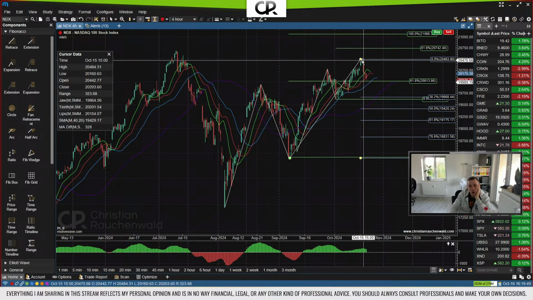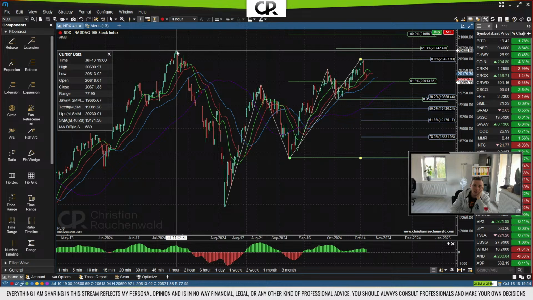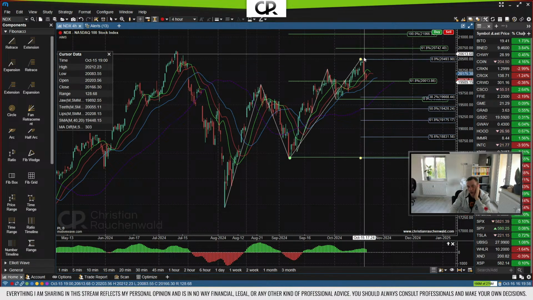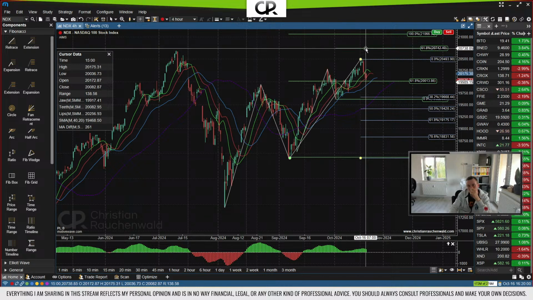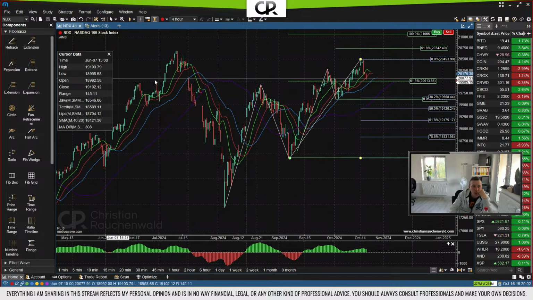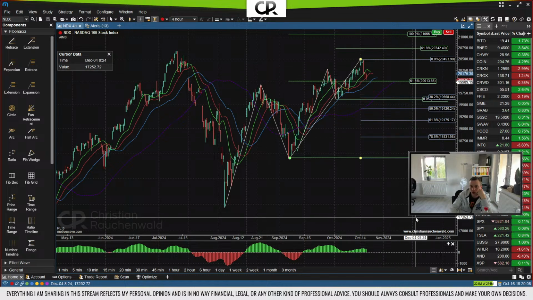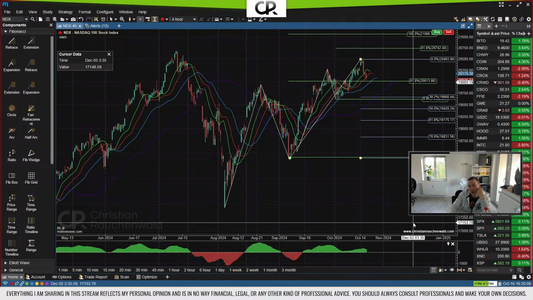The worst case scenario here, since we didn't make a new high, would be that this is either wave 1 and wave 2, highly unlikely considering how high we got here and almost made a new high, or wave A and wave B, and we're going to see the progress of 1, 2, 3, 4, 5 that takes us down somewhere here.